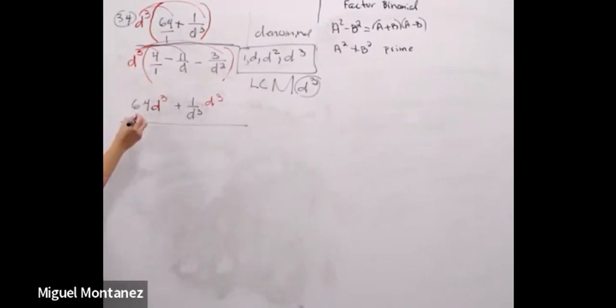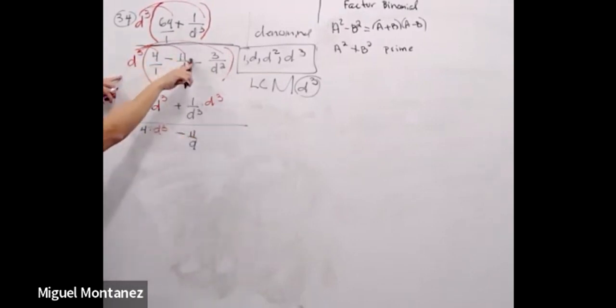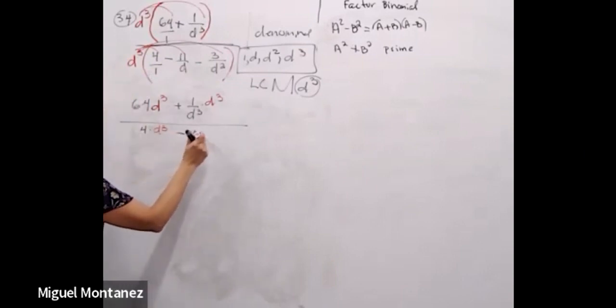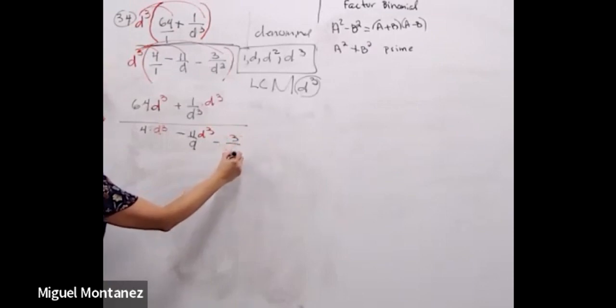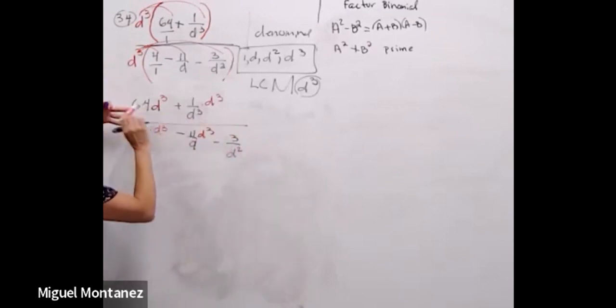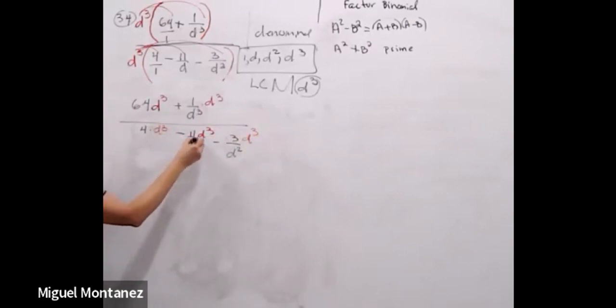In the denominator, we have 4 times d cubed, 11 over d times d cubed, negative 3 over d squared times d cubed. So now we can simplify.